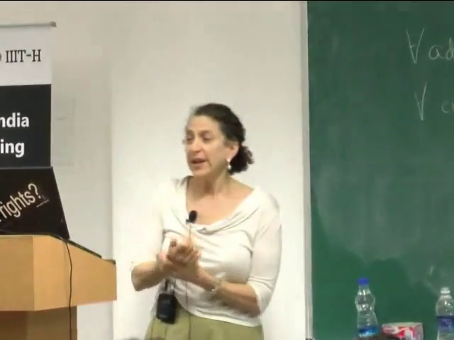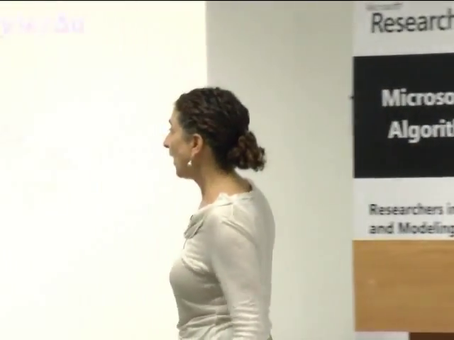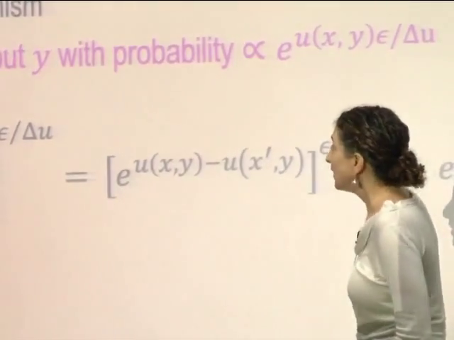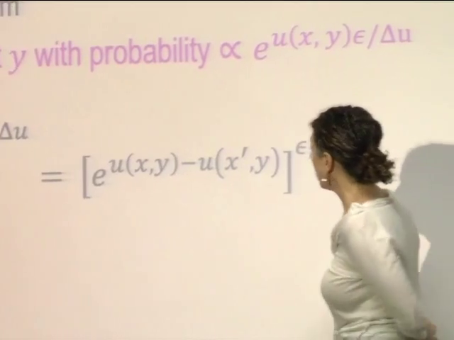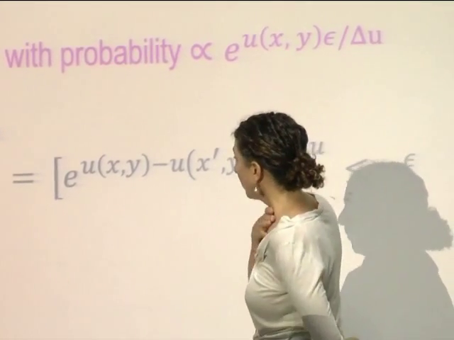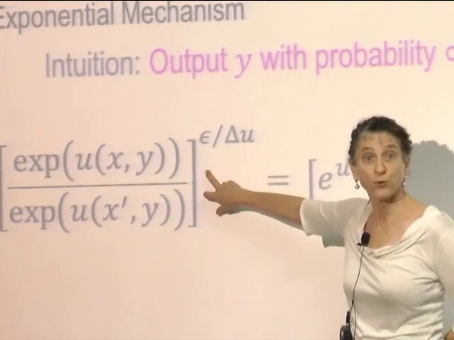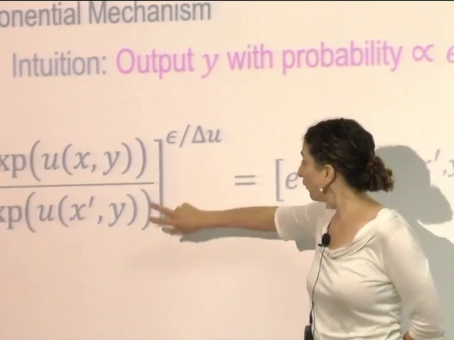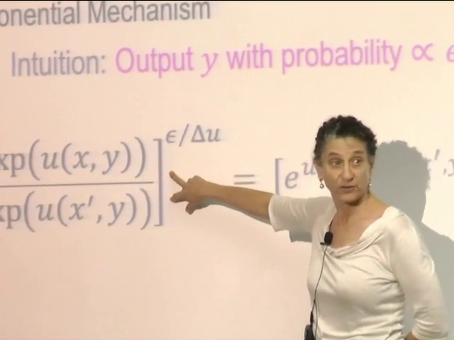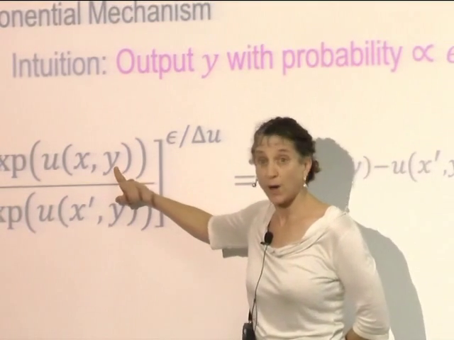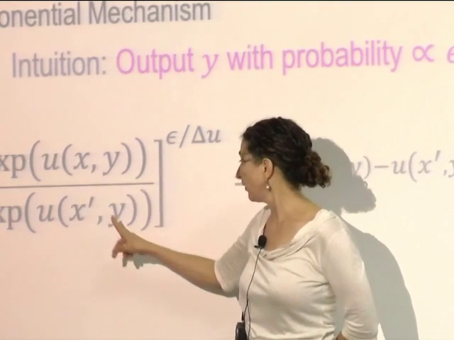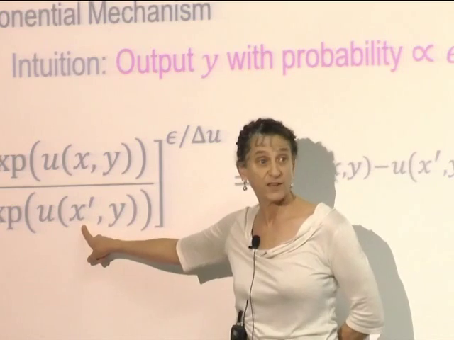If you do this, then what happens when you have neighboring databases? I'm looking at this ratio of probabilities. I want to prove epsilon differential privacy. So I look at the ratio of these probabilities. This is the probability that I'll see y when the database is x, and this is the probability that I'll see it when I have the adjacent x prime.